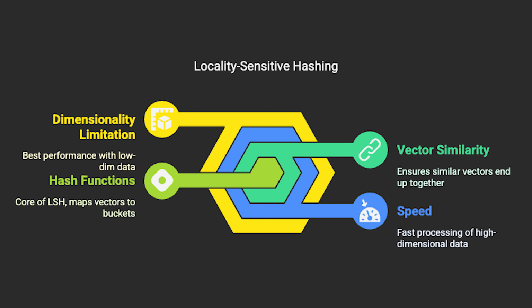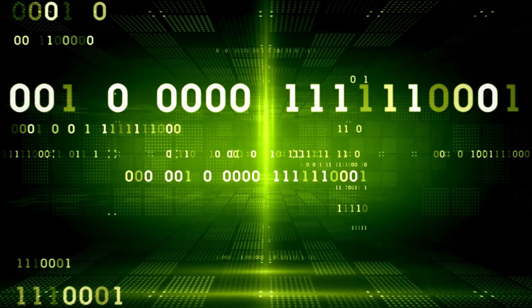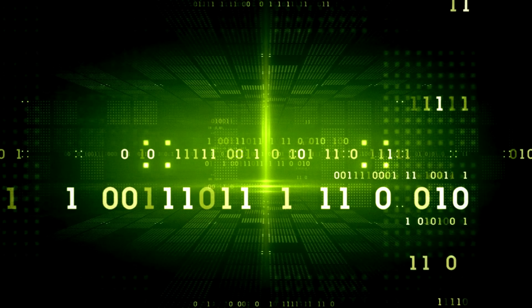It is super fast, but it works only for low dimensional data. For higher dimensions, it's not a better option to pick. Putting it all together, these indexing methods help vector databases avoid brute force scanning, deliver lightning fast results, and handle millions and or billions of vectors efficiently.